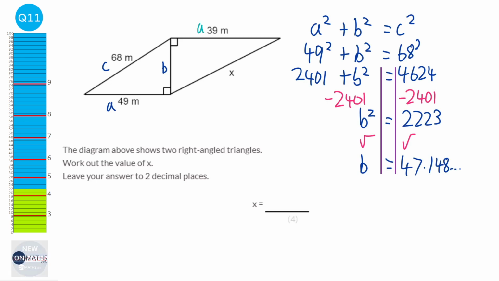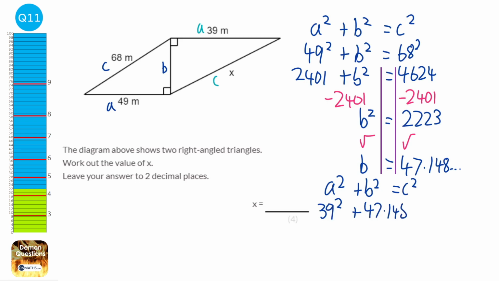Okay, we're now looking at the second diagram, and this time we're going to have A, we've got our B, and we're going to call X the C. So it'd be A squared plus B squared equals C squared, but this time A is 39. B we are given as 47.148, we've just worked that out. And we're looking for C. In fact, we can call it X now. Okay, so we need to square that.